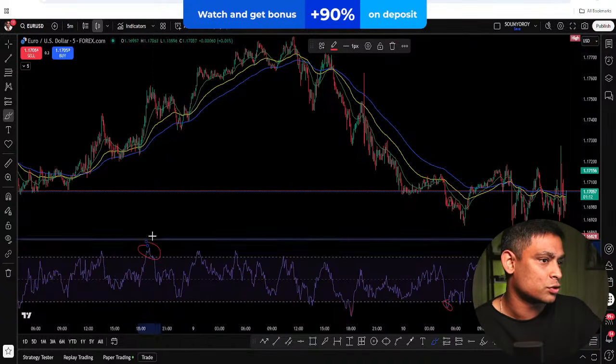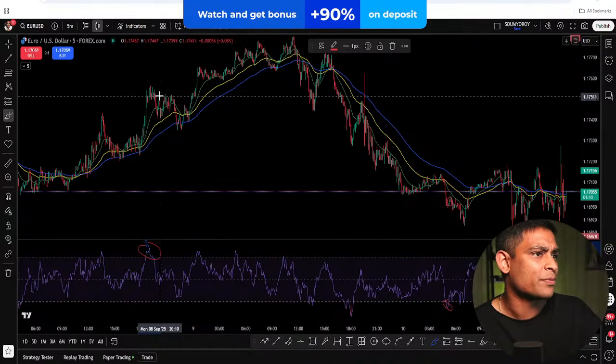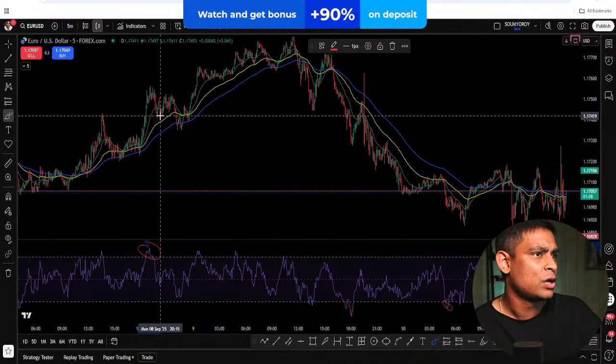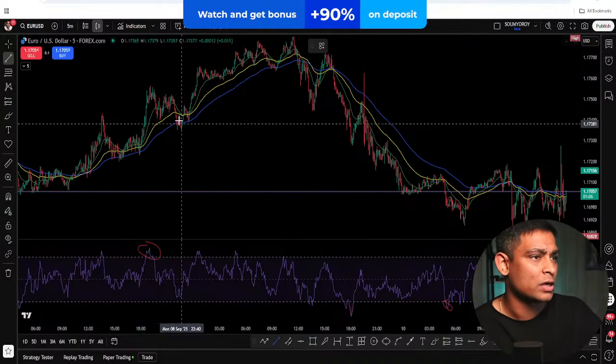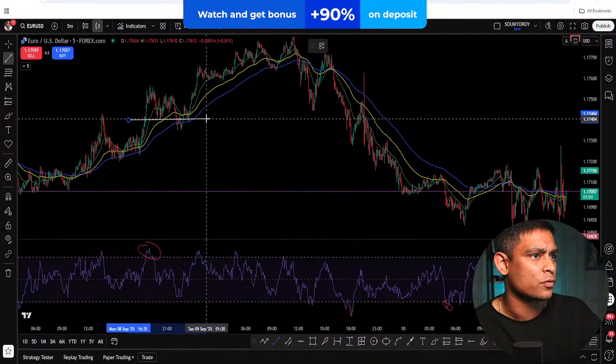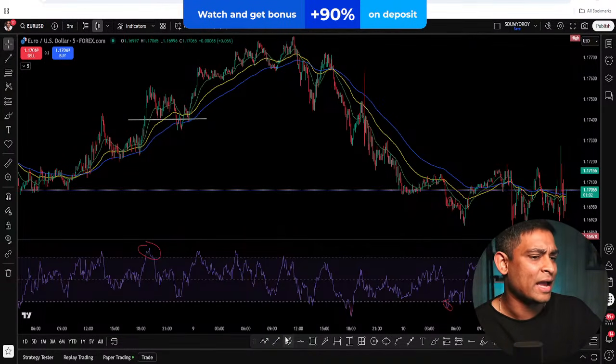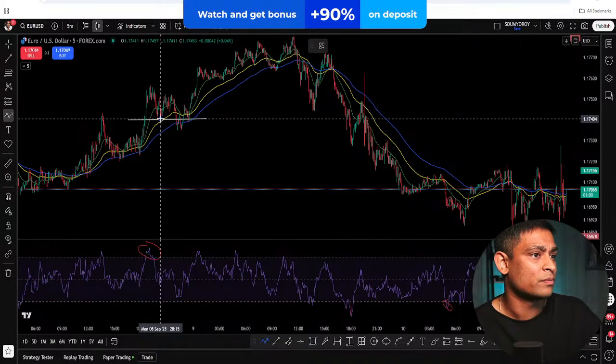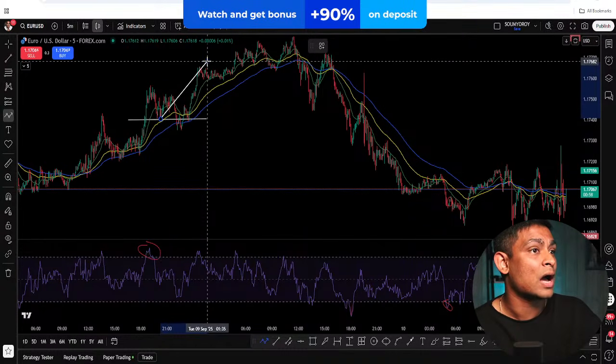Let's check it out. So what happened? The price came back a little bit, took a retest over here, and then again the price from this level moved up.